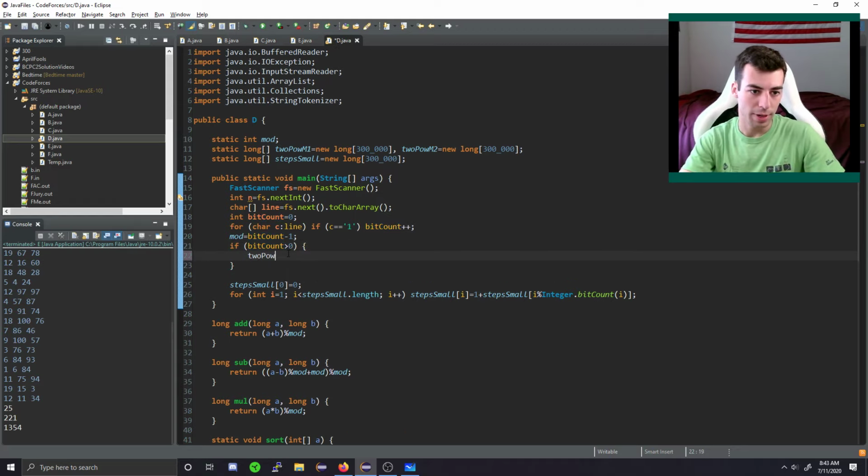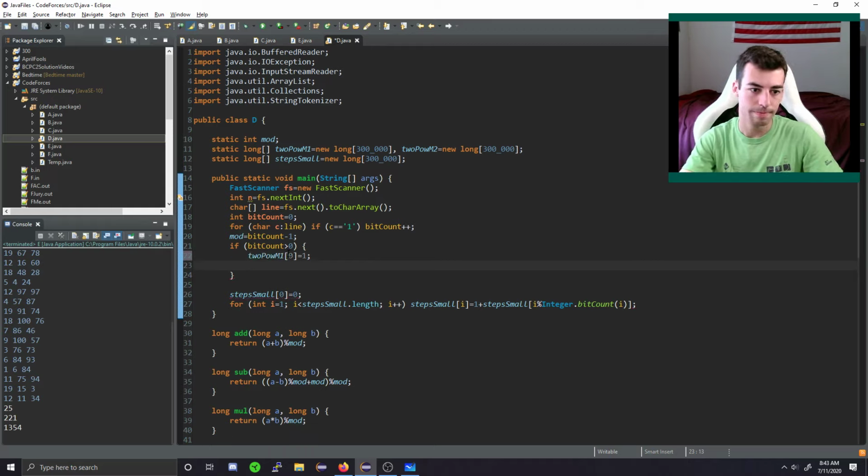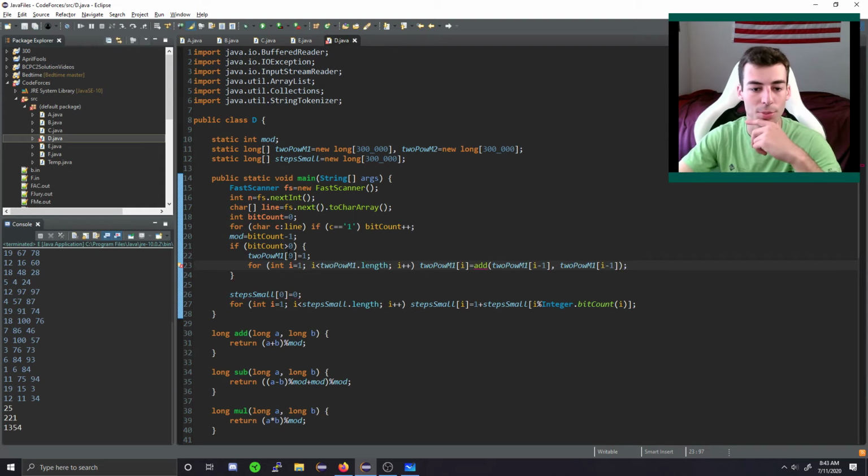Then 2 pow m1 equals, or at 0 equals 1. From I equals 1, then it's 2 times the previous thing.